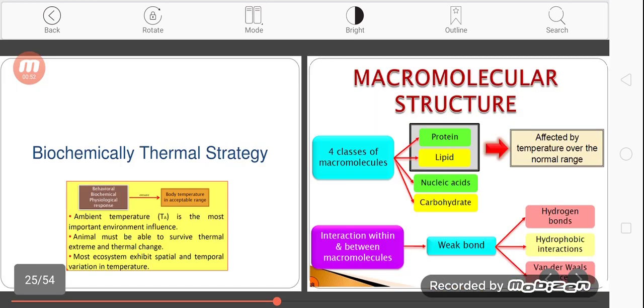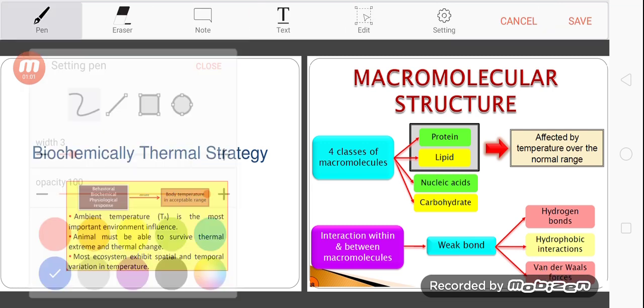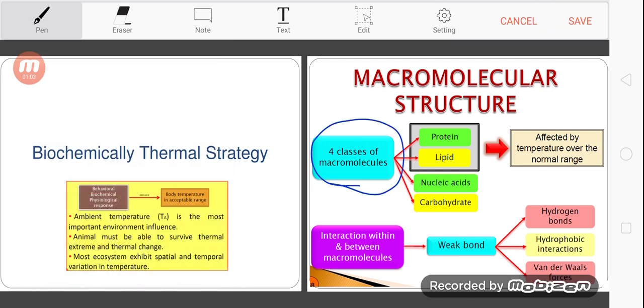Biochemical thermal strategy. Before we go to this, a bit of refreshment. In all living things, we have macromolecules. In our body, we have protein, lipid, nucleic acid, and carbohydrates. In between these macromolecules, we have interactions and bonds within and between them: hydrogen bonds, hydrophobic interactions, van der Waals forces.